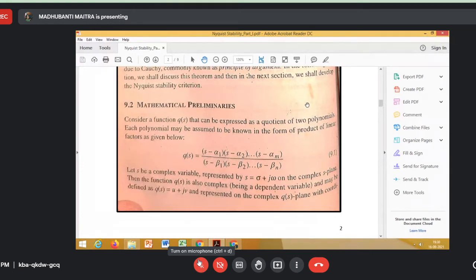So for a particular value of S on the S plane, we'll get a point on the Q(S) plane. In other words, Q(S) is the mapping function with the help of which a point on the S plane is mapped onto a point on the Q(S) plane.